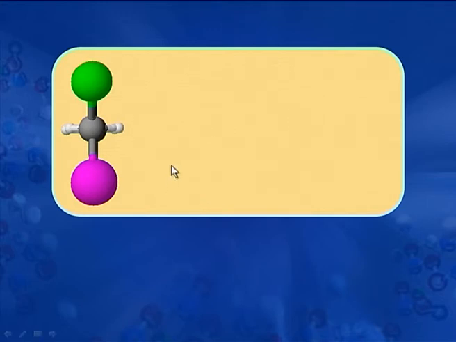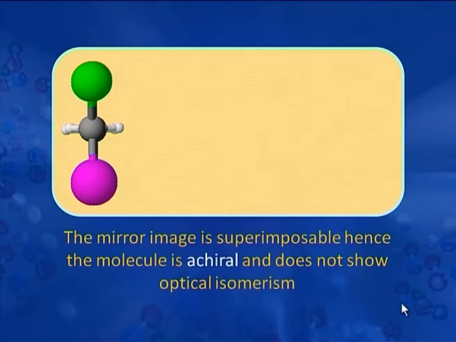Again, what we find is that this molecule has superimposed over our original molecule, means the mirror image is superimposable, and hence this molecule is also achiral, and it also does not show optical isomerism.